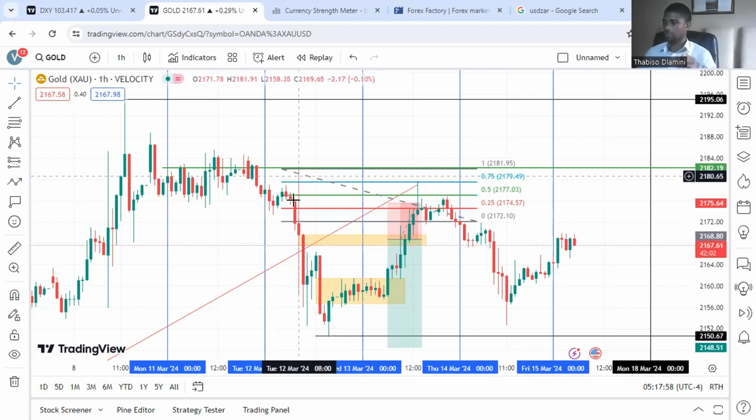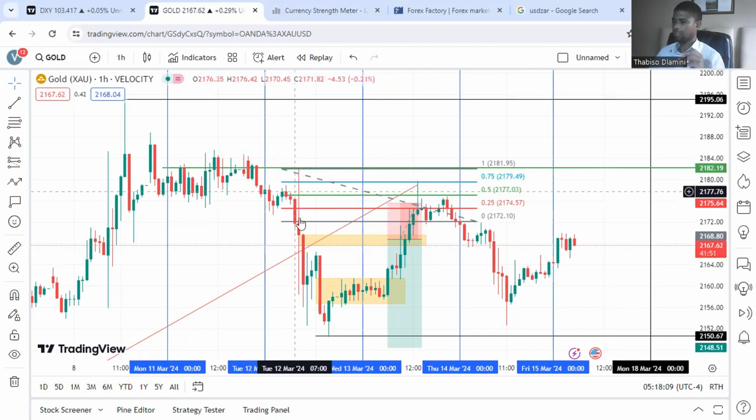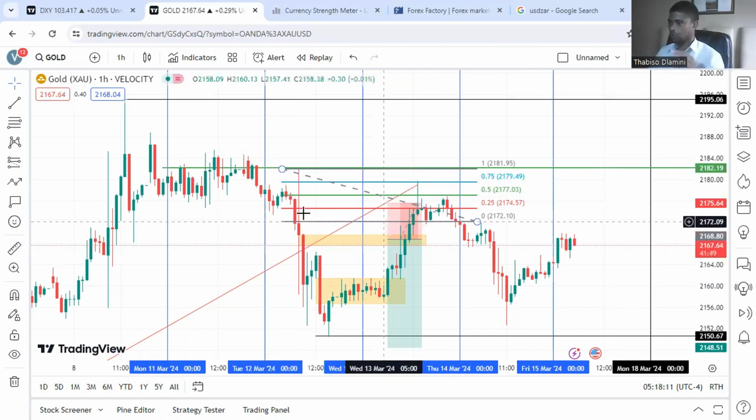Because there was that week, which is almost in a way a gap in the market, we took it from the high to the opening of that candle or of that wick. Our 50% is normally where price should have those reactions.